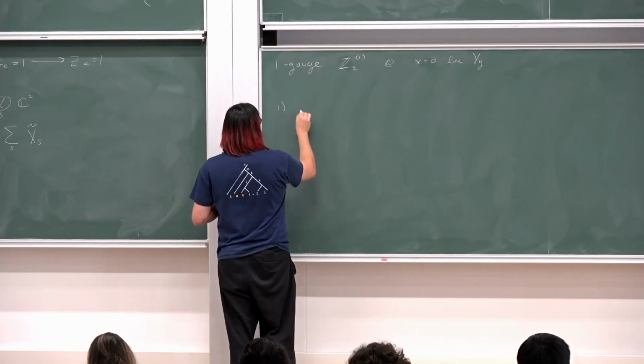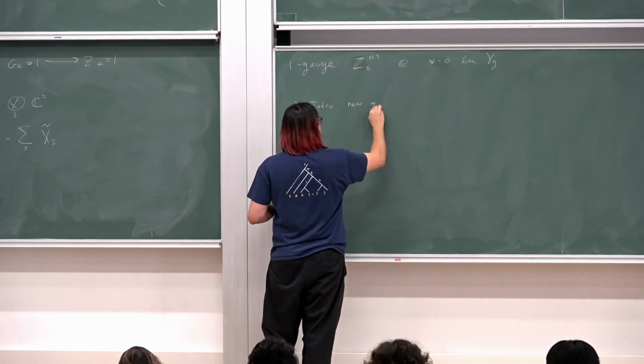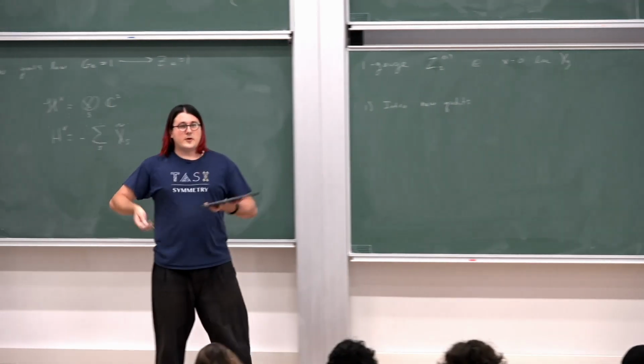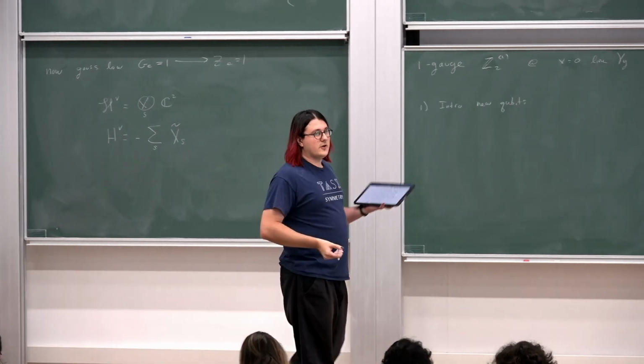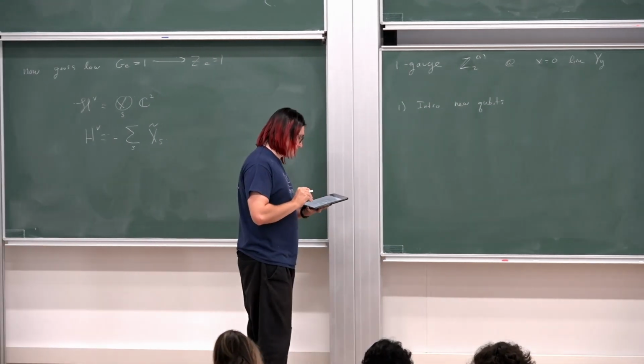Step 1, introduce new qubits. Why qubits? Why not some other crazy degree of freedom? Well, it's a Z2 symmetry, so I really only need to have a 2-level system because there's only 2 group elements.